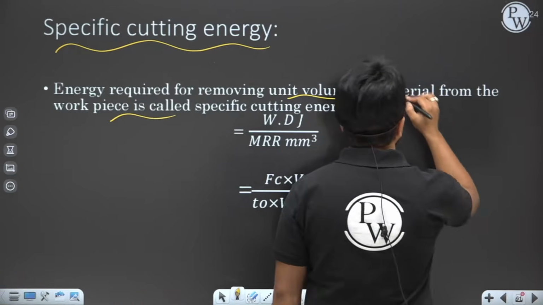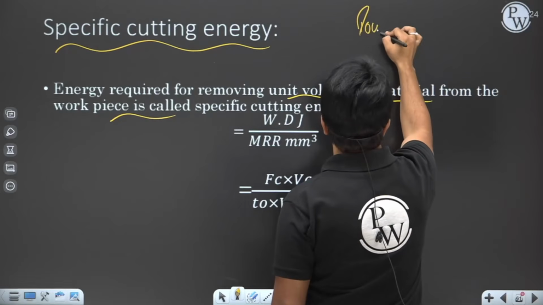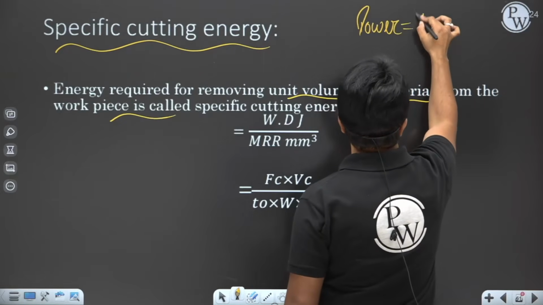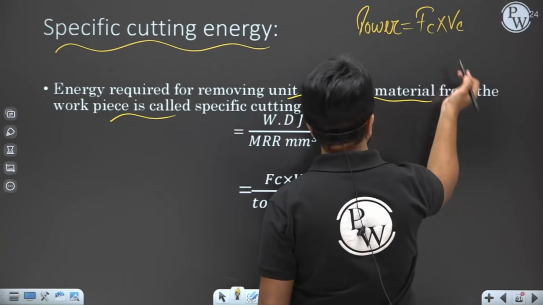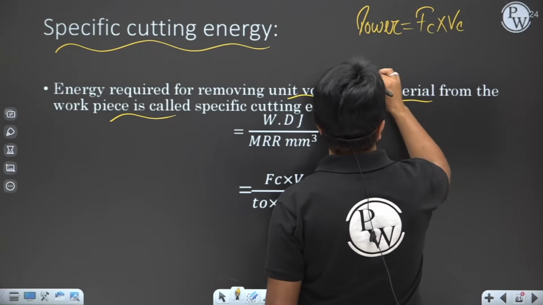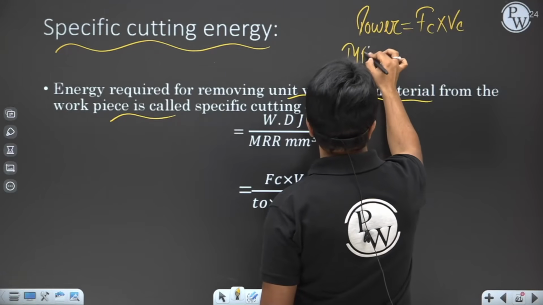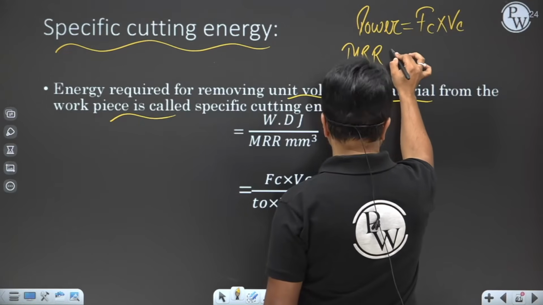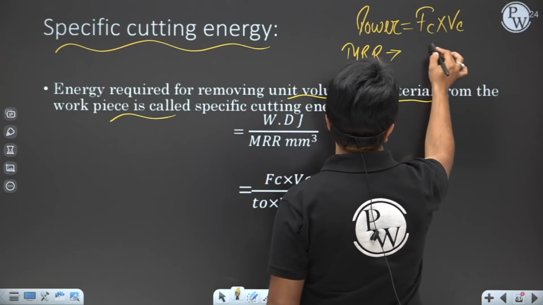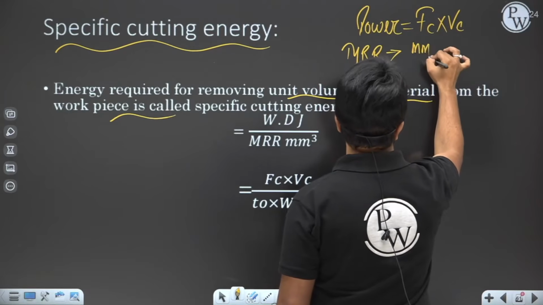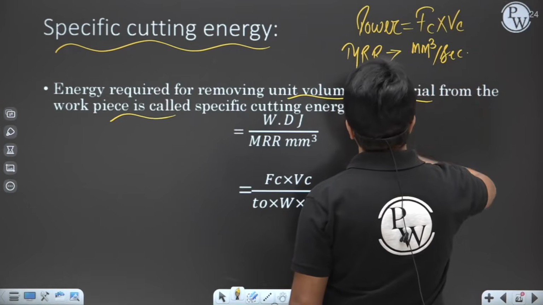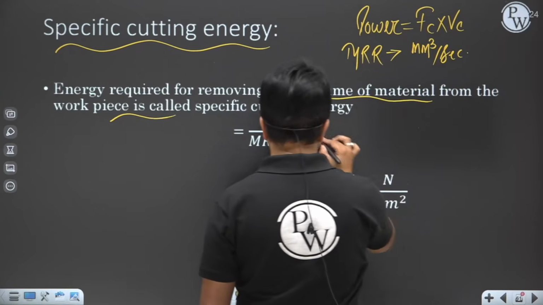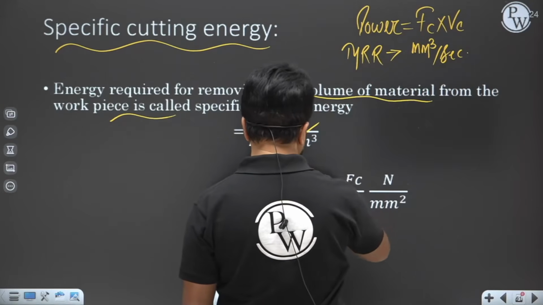So basically, the power which is going to be consumed is cutting force into cutting velocity. And the material removal rate which is going to be removed is in mm cube per second. Let me write it in the simplest form.